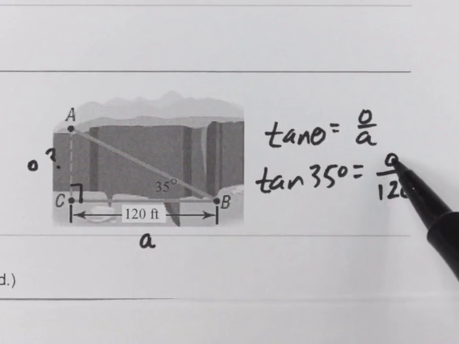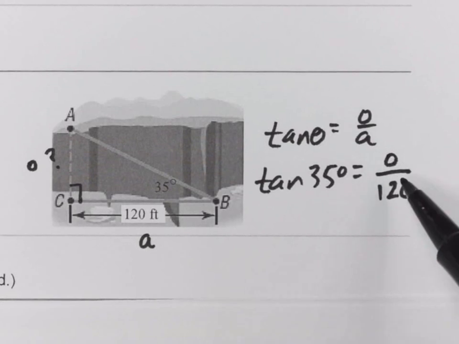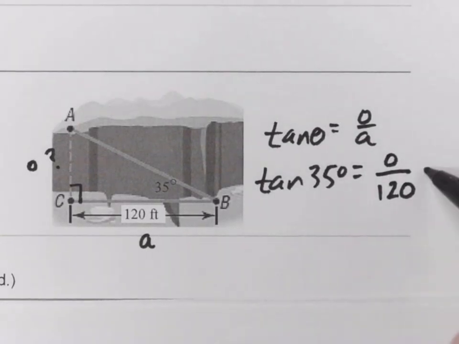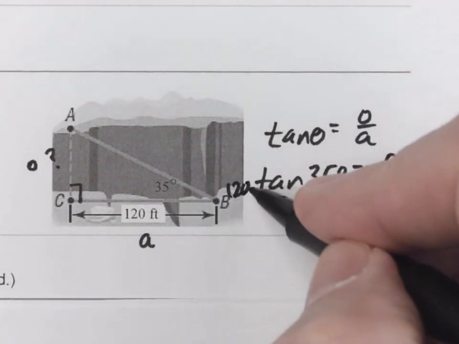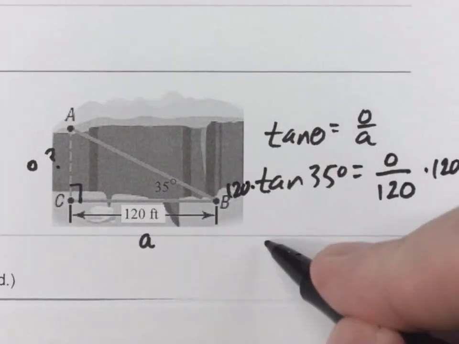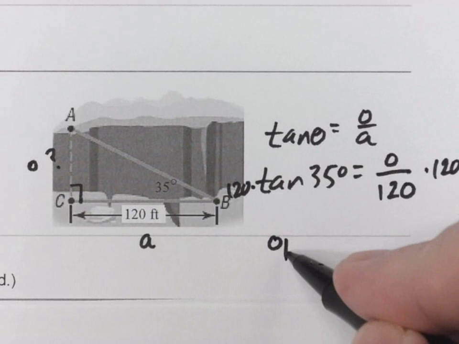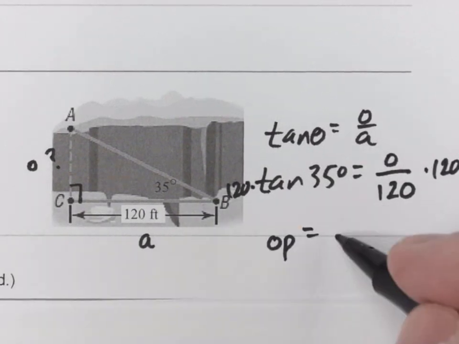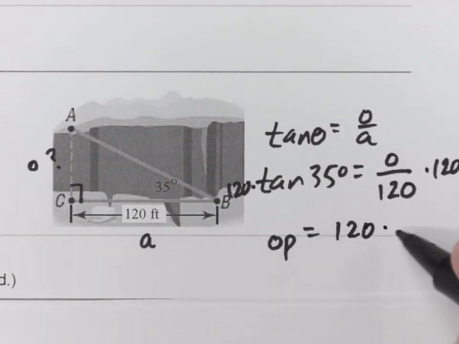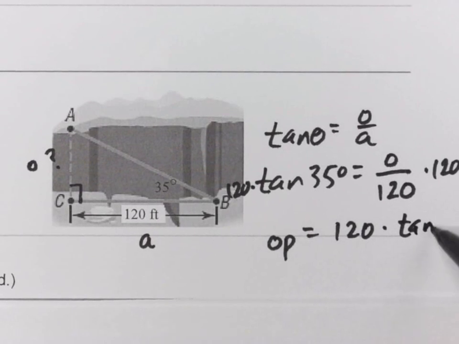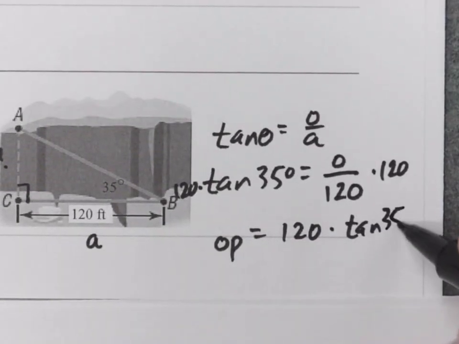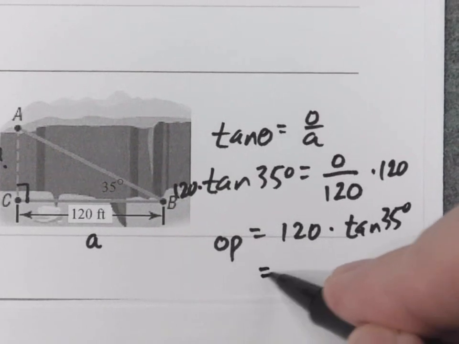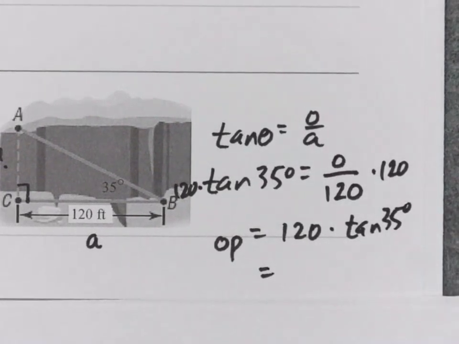If I want to get this opposite, this O by itself, I'll multiply both sides by 120. So really what I'm saying is this opposite side is going to be 120 times the tangent of 35 degrees.